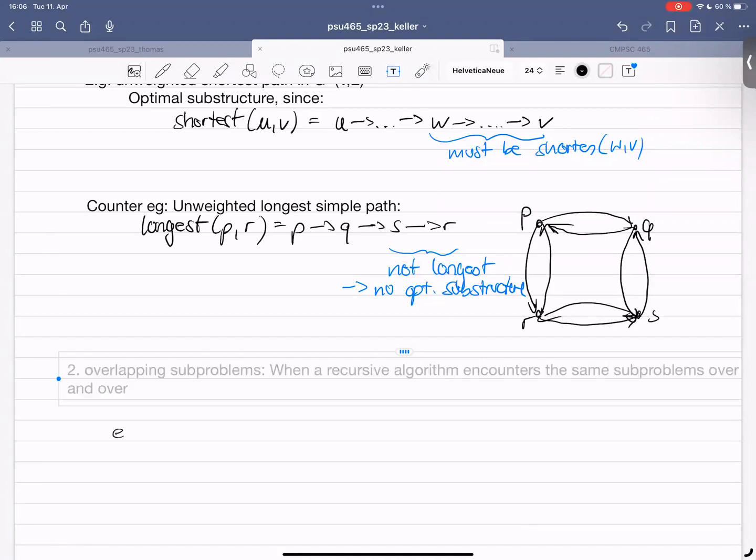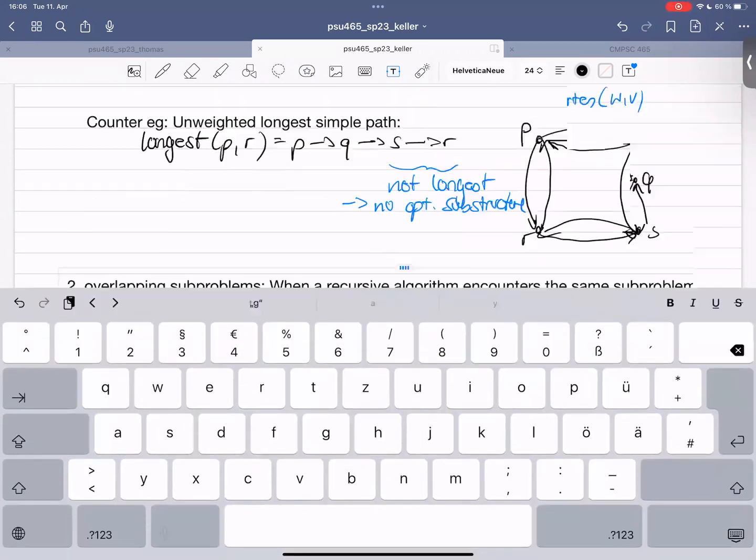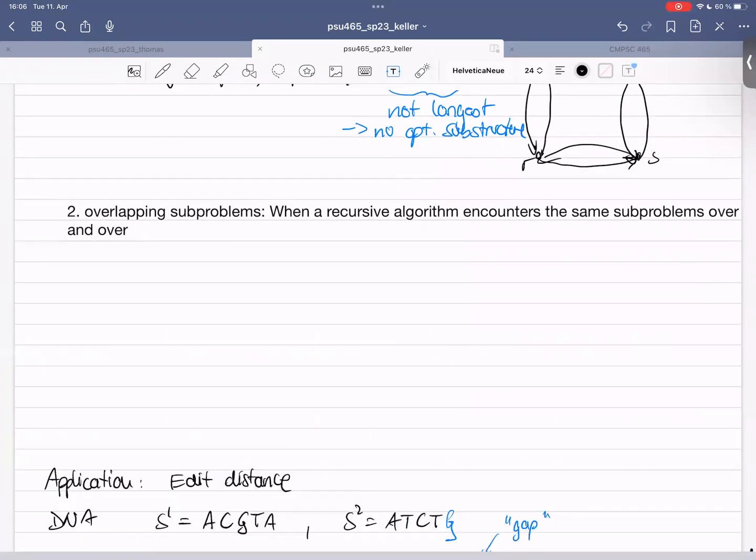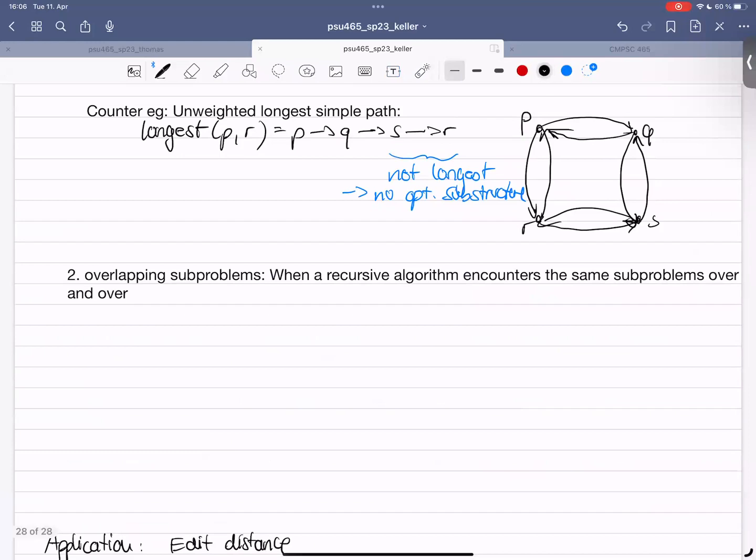So if you look at subproblem graphs again, let's say the subproblem graph looks as follows.